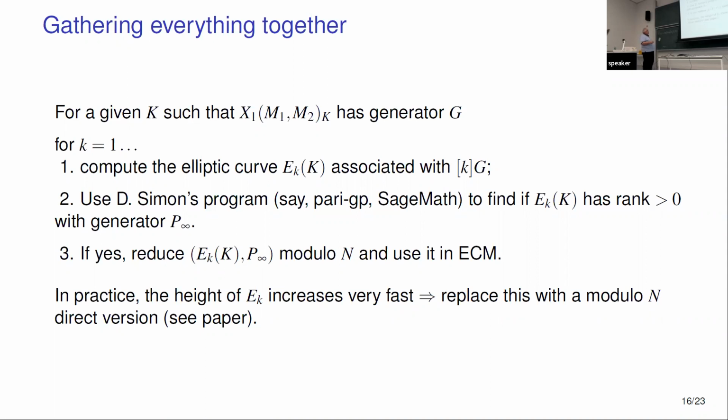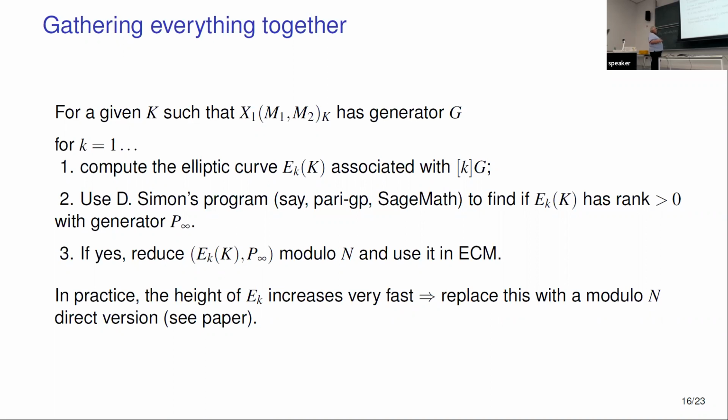So kG is a point, and from this point you can deduce an elliptic curve, which has torsion group Z/m × Z/l. If you have luck, you can use the Simon program to compute the rank of this curve here and hope for a non-zero rank and a generator, and then you can plug it into ECM.